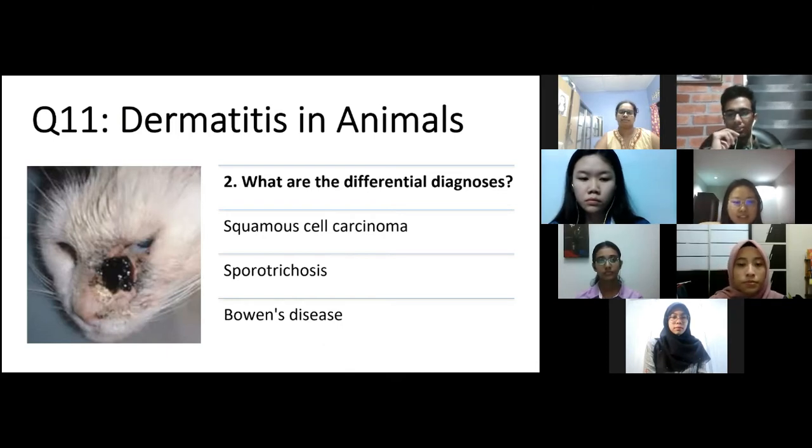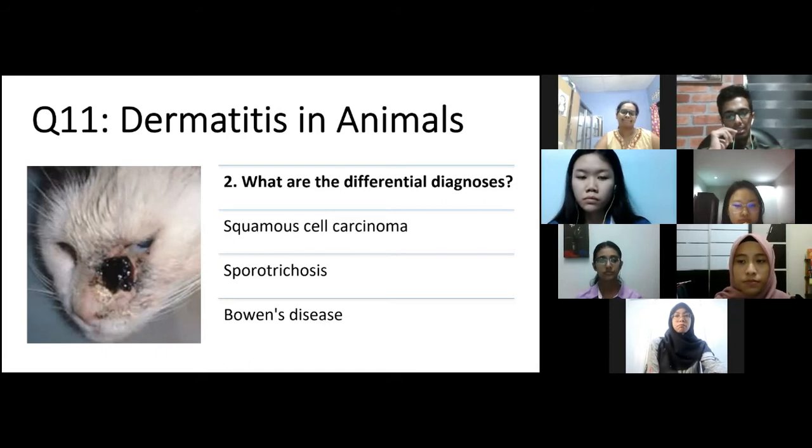Okay, so we also include Bowen disease. Bowen disease is a multicentric squamous cell carcinoma in situ. Why we include this Bowen disease is because we found that there is a continuous mass. Bowen disease can also be called intraepidermal squamous cell carcinoma, as it only affects the outermost layer of skin, which is the epidermis.